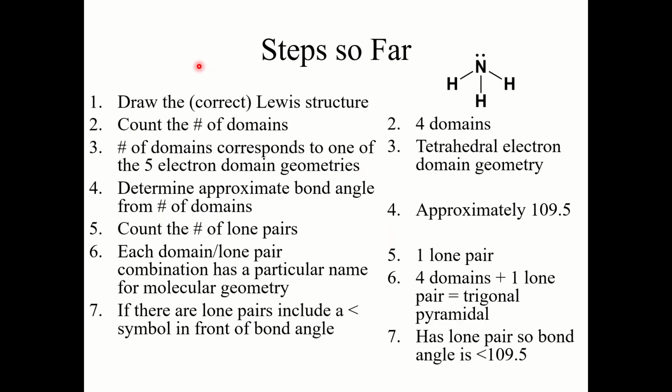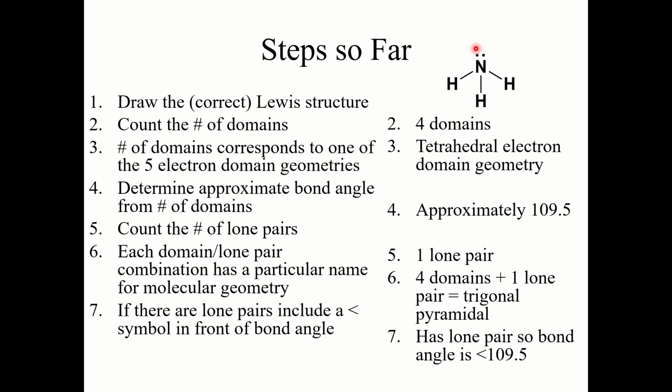Okay, so steps so far: you first do want to draw the correct Lewis structure, then count the number of domains. The number of domains corresponds to one of the 5 electron domain geometries. Determine the approximate bond angle from the number of domains. Count the number of lone pairs. Find the combination, the molecular geometry based upon that combination, and if there are lone pairs, include a less than symbol in front of the bond angle.